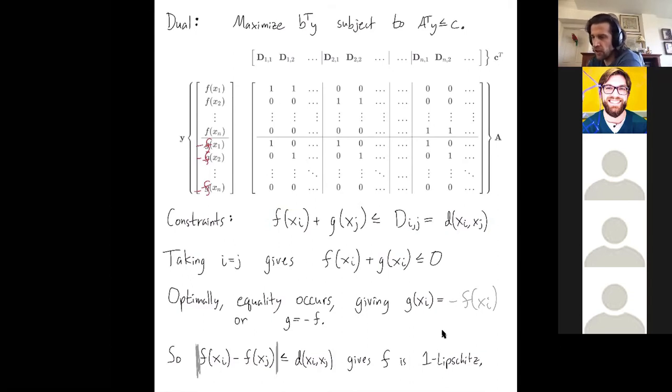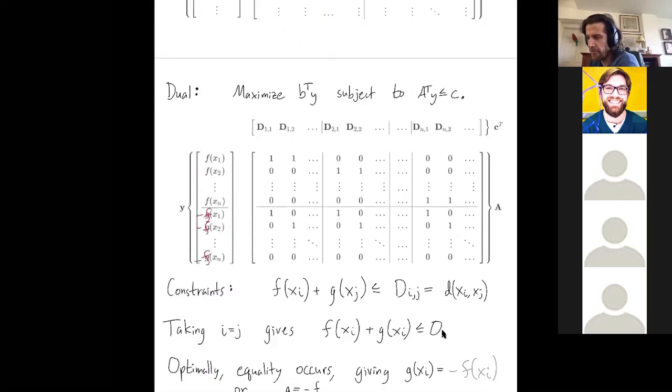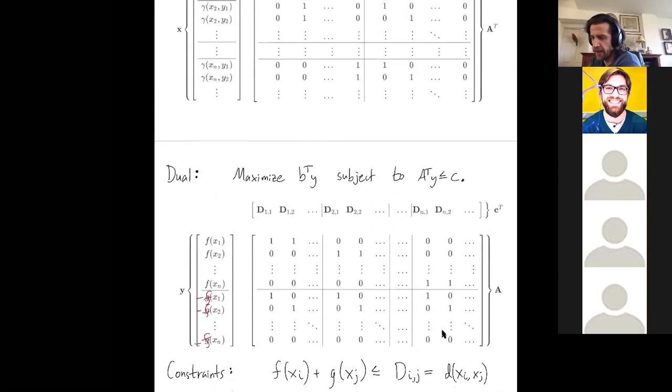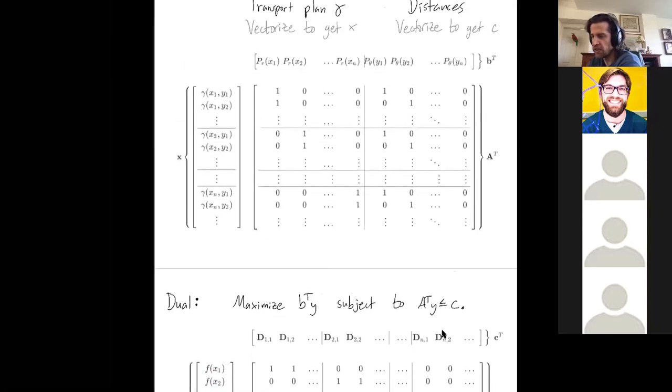Let's talk a little bit about this optimization function that I'm trying to maximize. So b transpose y. y encodes this function that I'm building. b, if you'll remember, b was our old constraint vector, which is the probabilities in our first measure r and the probabilities in our second measure theta.